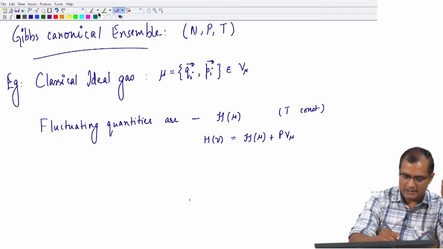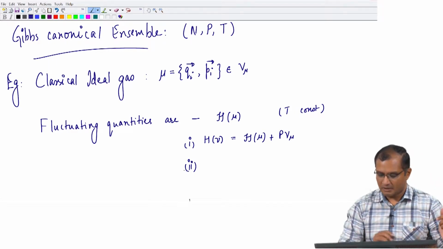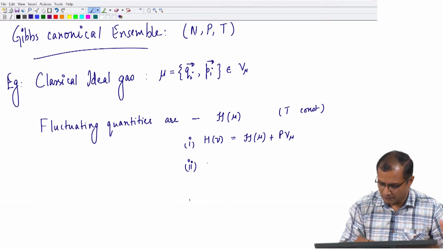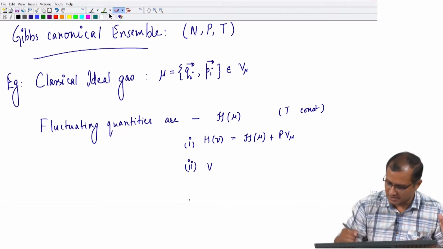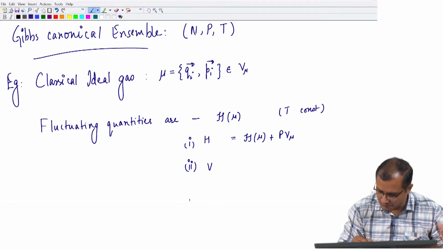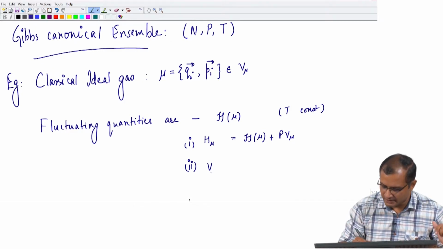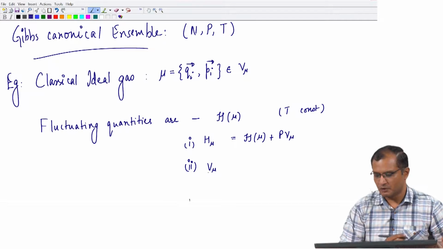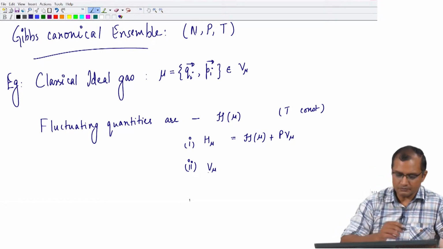Okay. And the second quantity, as I have said, is the volume. Okay. So, I have to change the letter here. The microstate here is specified as mu. So, I am going to call it as the enthalpy of the muth state, and similarly we are denoting V mu as the volume of the muth microstate. So, both the enthalpy and the volume are fluctuating quantities. Okay.